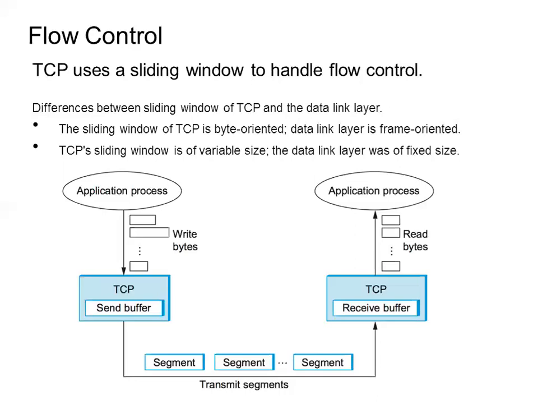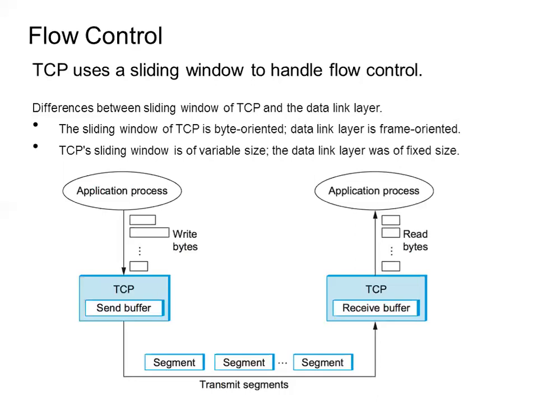Which means there is going to be a large number of packet communications, which is unnecessarily going to use the resources of the network. As I said, flow control means that the speed with which the sender is transmitting the data should not be overwhelming the receiver, as well as it should not be overwhelming the network.